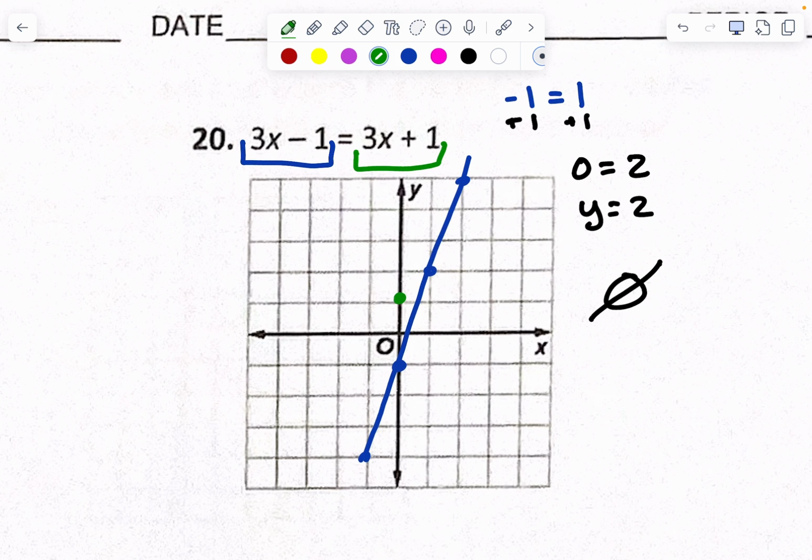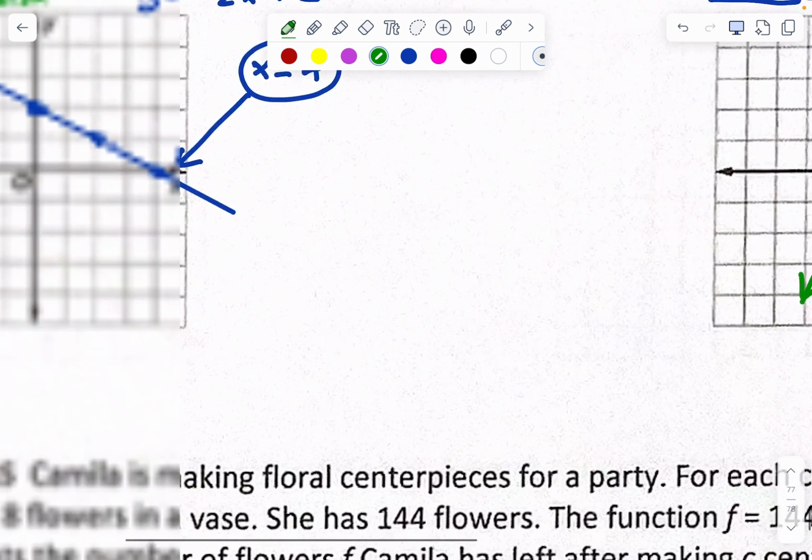So I start at positive 1, and I go up 3 over 1, or down 3, left 1, and this is what this one looks like. What I want to do is figure out where those two are equal to each other. They don't touch because they're parallel. So that's another thing you could have done: graph each side and figure out where they're going to touch. Well, they're not going to touch because they're parallel to each other, right? That makes sense? Okay, either way. That was 20.